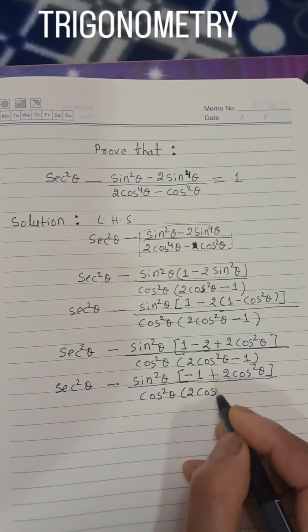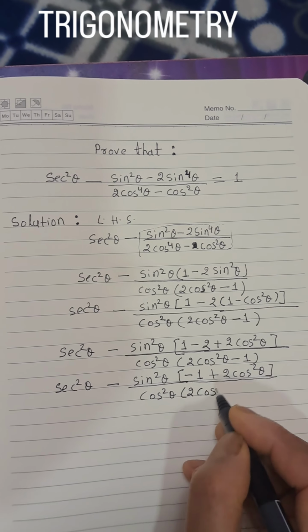So in the next step, sec²θ minus sin²θ, and now we can switch the inside of the bracket. We can write it as 2 cos²θ minus 1, and the denominator, cos²θ in bracket (2 cos²θ minus 1). So now we can see this expression is the same in the numerator and denominator, so we can cross them out. So let's cross them out.